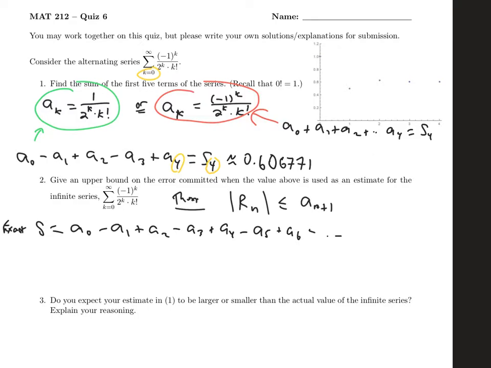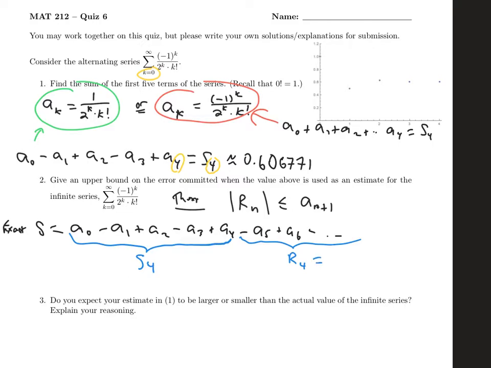So notationally, remember this part, if we call this part S4, like I said above, then all of this stuff would be considered R4. So that's the remaining terms if you use S4 as your estimate. So if you cut off the infinite sum at S4, then R4 is how much is left over.